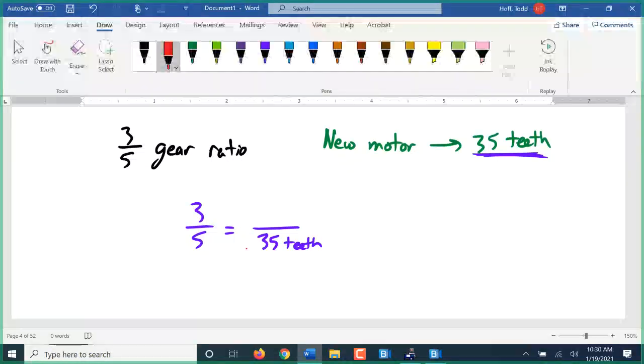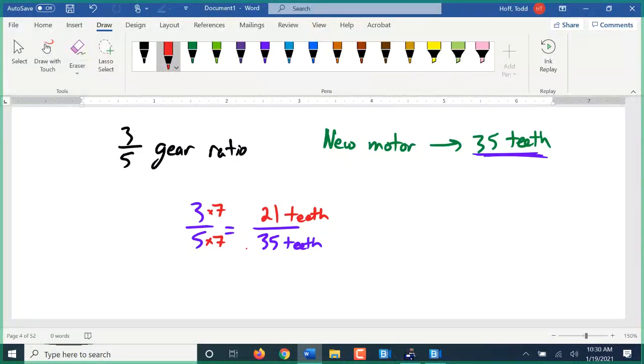The basic way is to look at the 5 and ask, what do we multiply 5 by to turn it into 35? That'd be 7, right? 5 times 7 is 35. So 3 times 7 is 21. So we would need a gear with 21 teeth to go on the machine so it would mesh with that motor to give us the proper ratios, the proper distribution of speed and power throughout that machine.